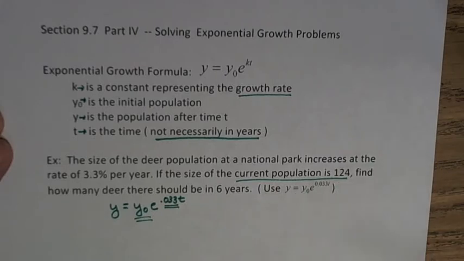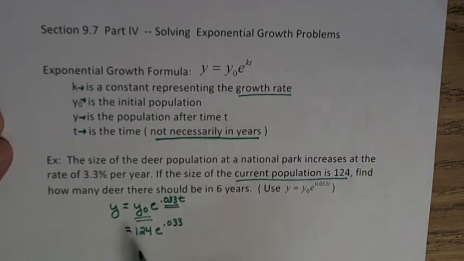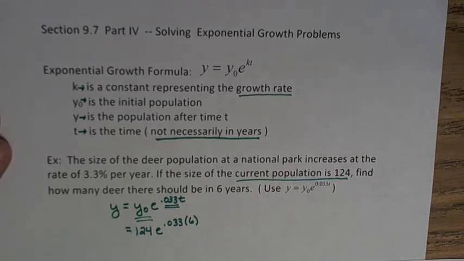The current population is 124. So I need to plug in that 124 for y sub 0. So I get 124e to the 0.033. And the other information I get here is that I want to know what the population is after 6 years. And so I'm going to enter the 6 in for time.